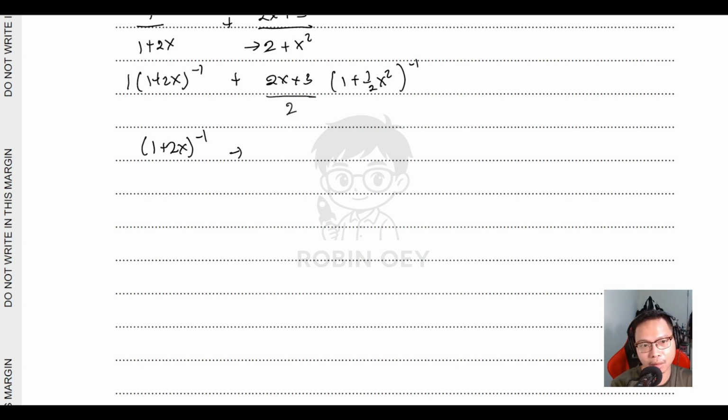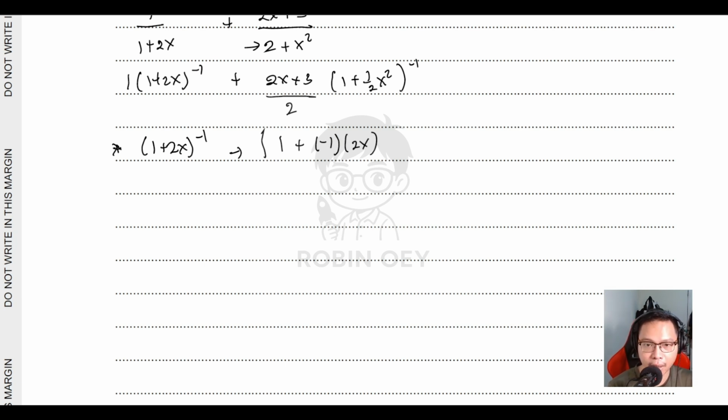Yeah, so I will need to expand 1 by 1. Since we only go up to a degree of 3, so we just put it. The first one is always 1 plus nx, so negative 1 times 2x.